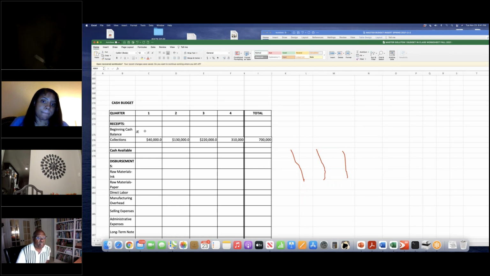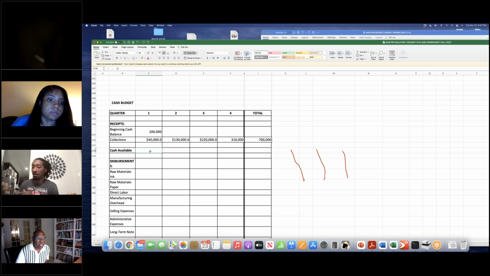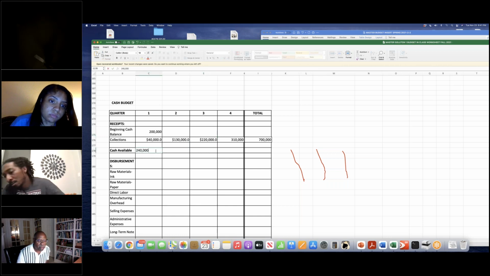Then that initial journal entry, we put in that 200,000 because that represents what we started the company with. So our beginning balance was 200,000. Our collections in the first quarter was 40, and so we have 240,000 available.